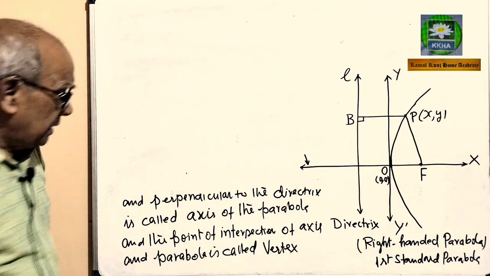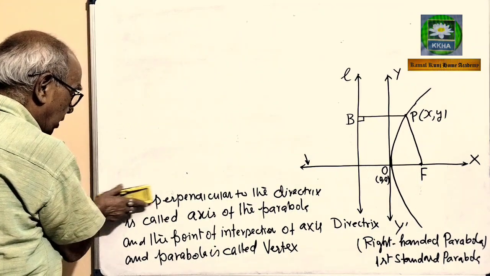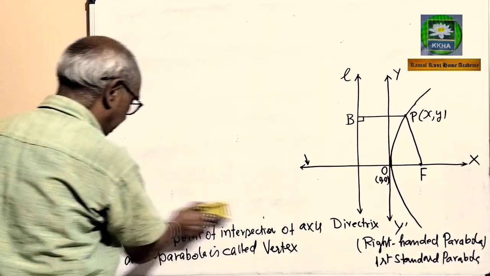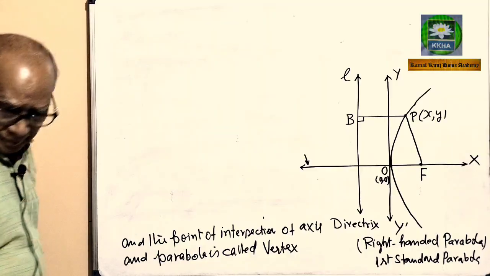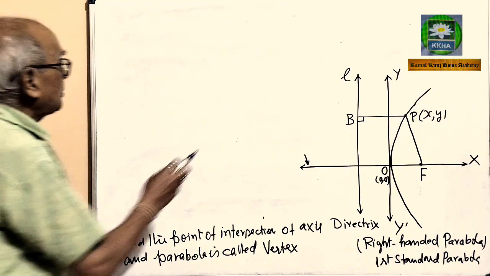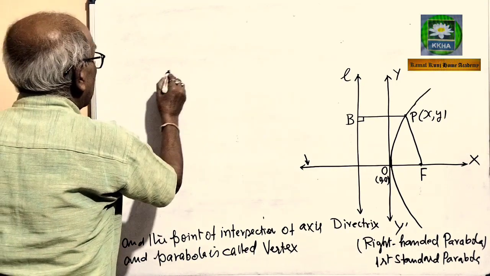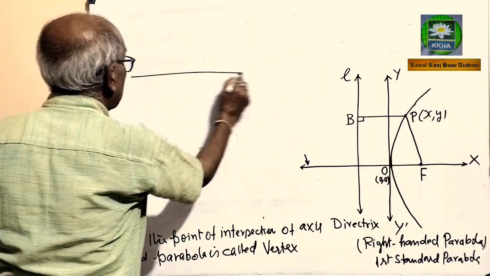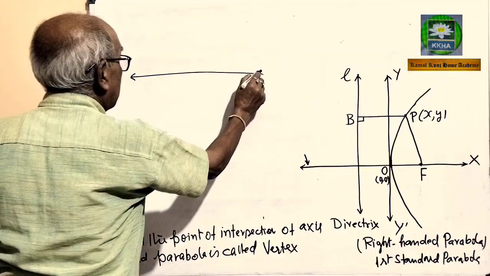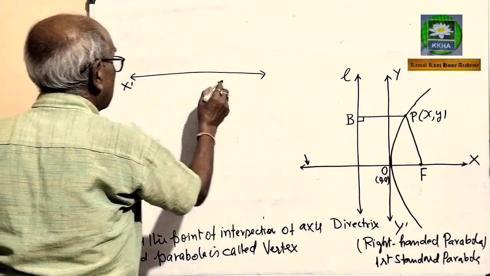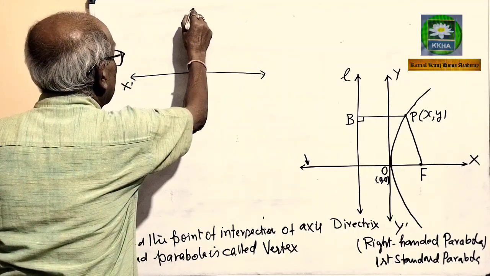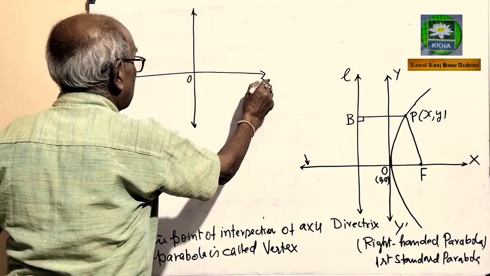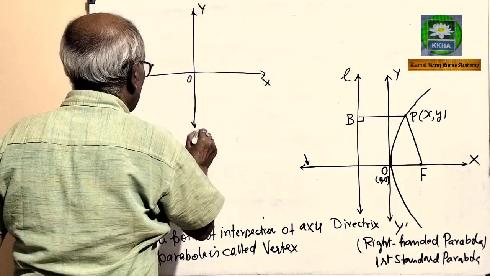Now, next is left-handed parabola. Suppose these are the coordinate axes X dash O X and Y O Y dash.